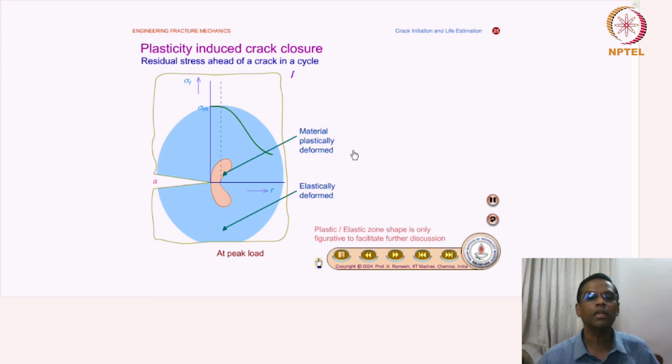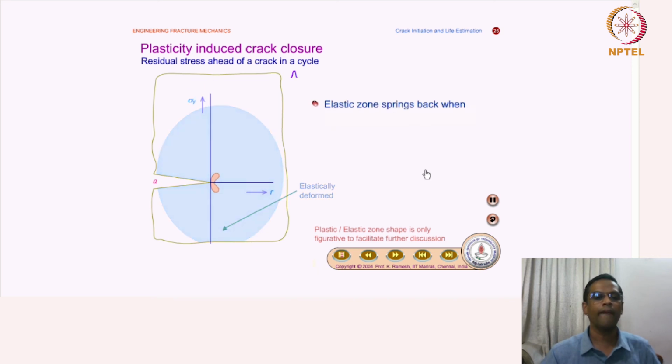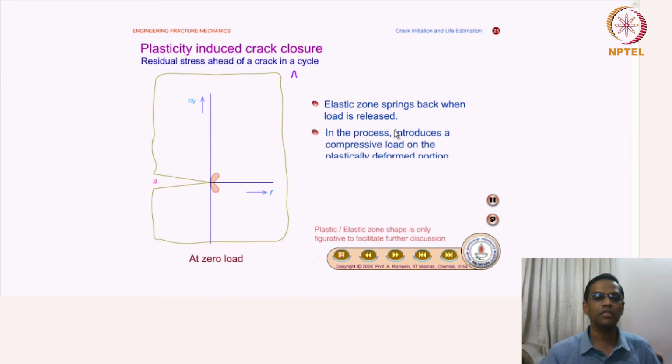The material is plastically deformed, and the surrounding region is elastically deformed. Because of these two different zones, residual stress is typically generated. The elastic zone springs back when the load is released.